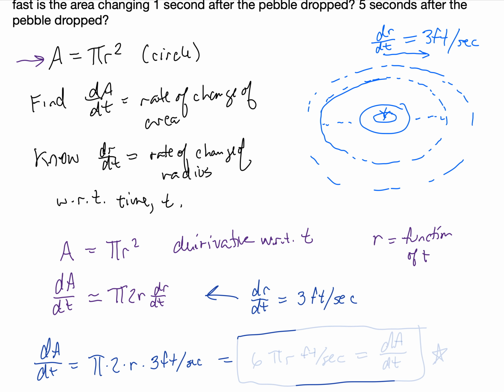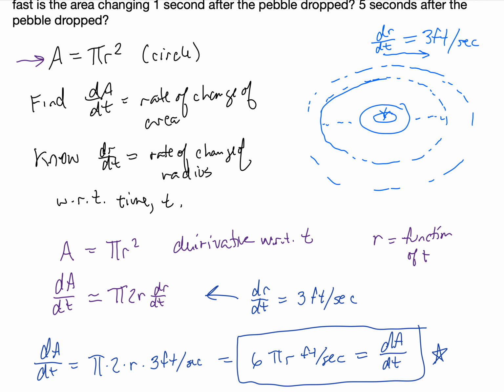And so we could simplify that. 2 times 3 is 6. Pi times the radius, feet per second. All right, so that is the first question. The first question asked, what is the rate of change of the area of these ripples with respect to the radius? And that is our first answer.